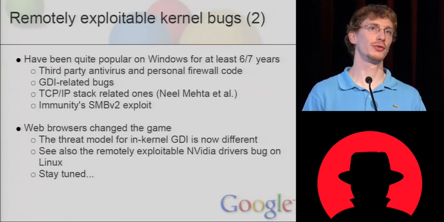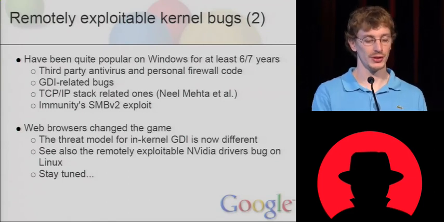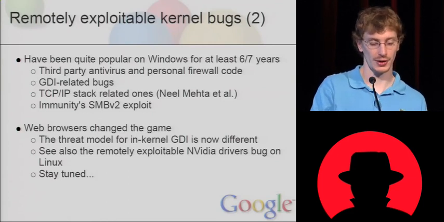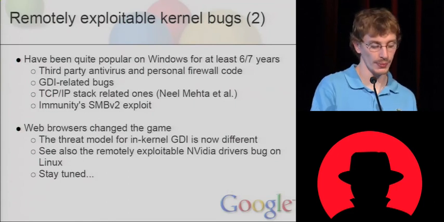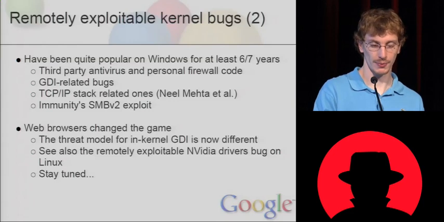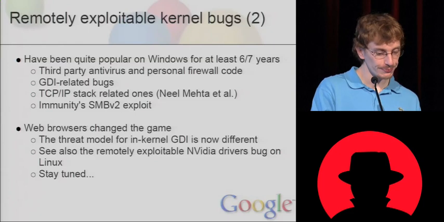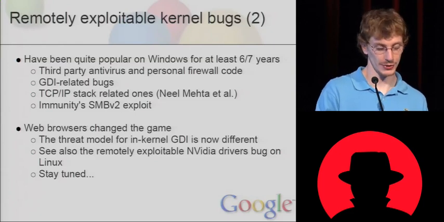You've seen also a few GDI-related bugs, very few TCP/IP stack-related ones. Our colleague Neel Mehta and others have found one quite recently. Also, you've maybe noticed this SMB v2 exploit by Immunity last year, which generated some buzz and was quite impressive. So those were nice remote kernel bugs.